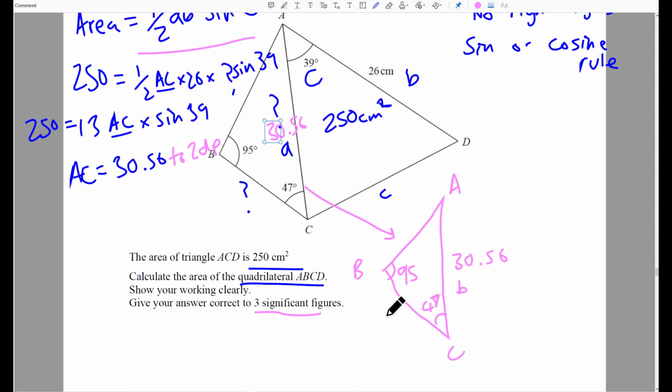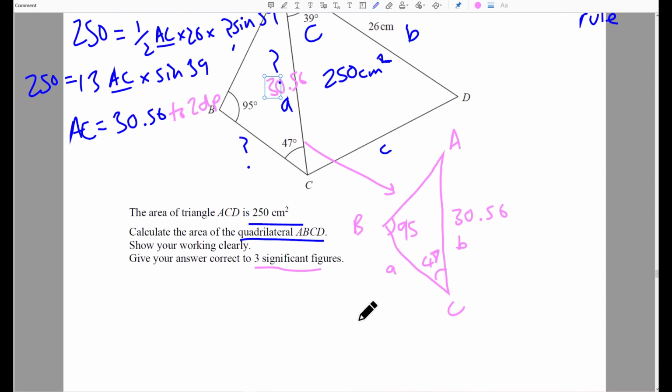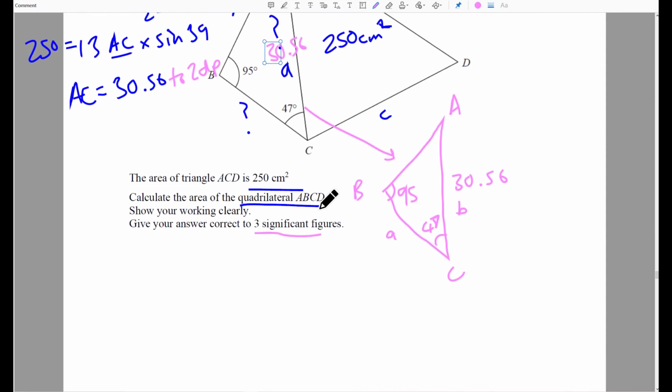That's B and that's little a. Okay, so we need to find A. So remember the sine rule. A over sine A equals B over sine B equals C over sine C.